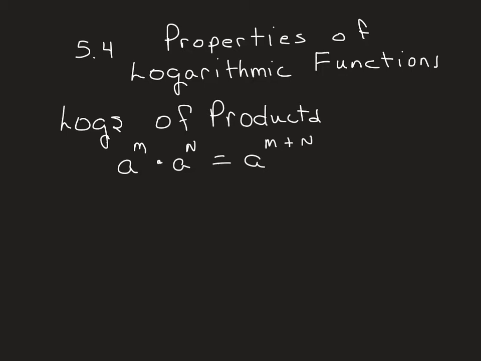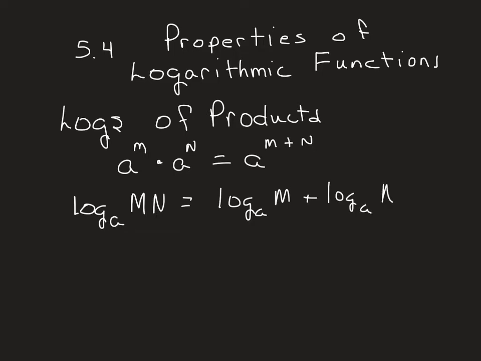And the same idea is used with the product rule with logarithms. In other words, the log base a, it doesn't matter what the base is, of m times n is equal to the log base a of m plus the log base a of n. The logarithm of a product is the sum of the logarithms of the factors.